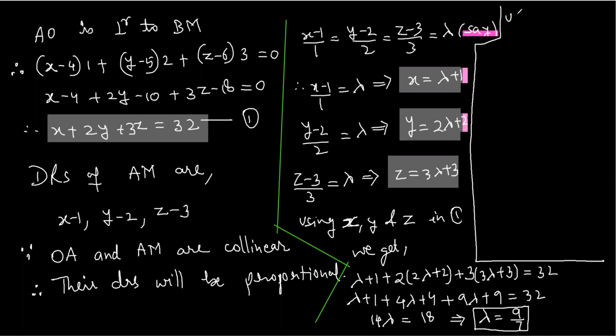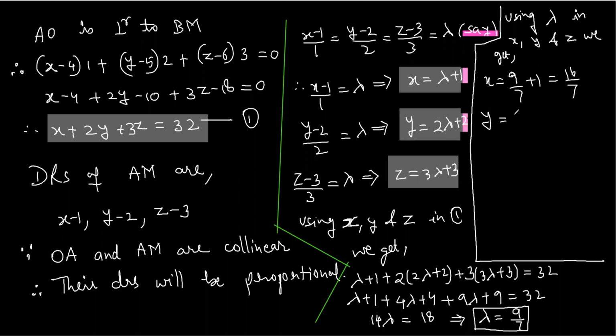Using lambda in x, y, and z, what do we get? X equals lambda plus 1, so 9 by 7 plus 1, that is 16 by 7. Y equals 2 times lambda plus 2, so 2 into 9 by 7 plus 2, that is 18 by 7 plus 2, so y is 32 by 7.